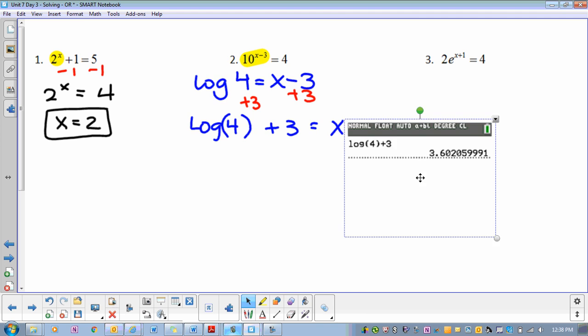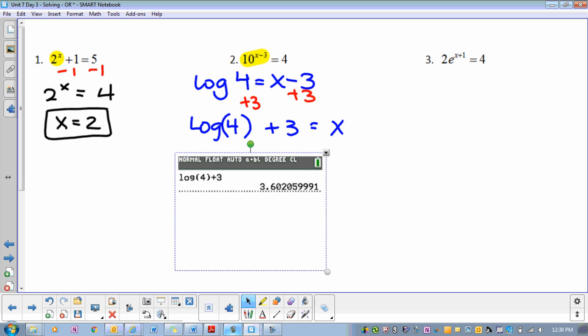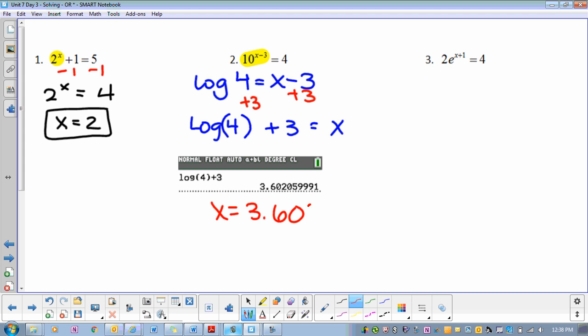So x equals 3.602. Questions? So when you have 10 as your base, that's the common log. You don't have to write it.